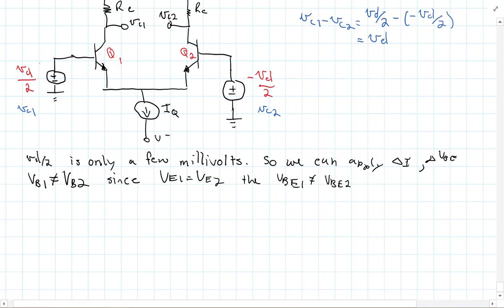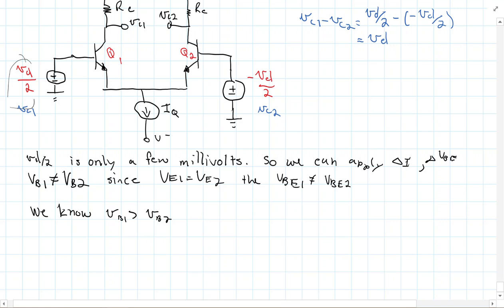But we also have a thing here. We know VB1 is greater than VB2. How do I know? Well, that's a positive number, that's a negative number.